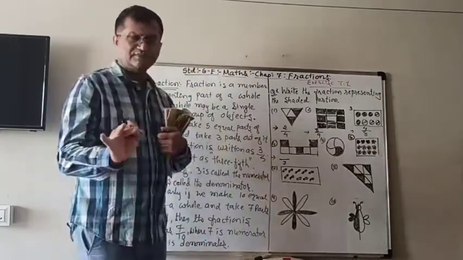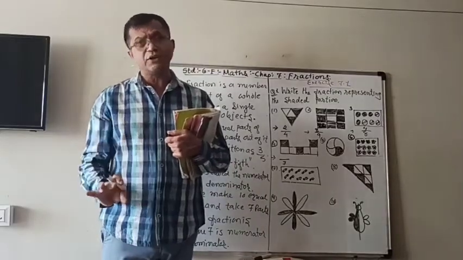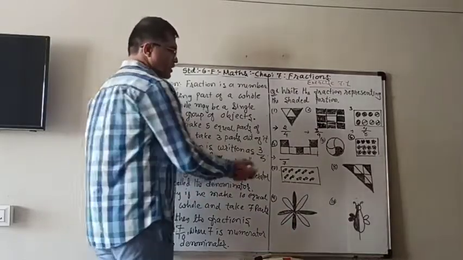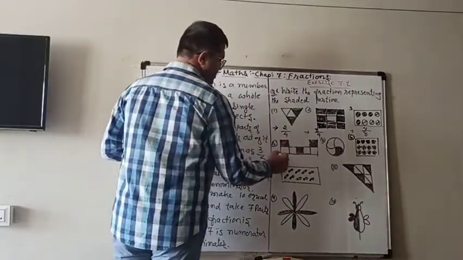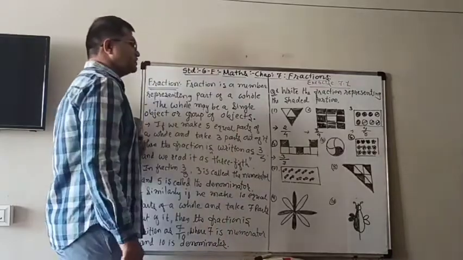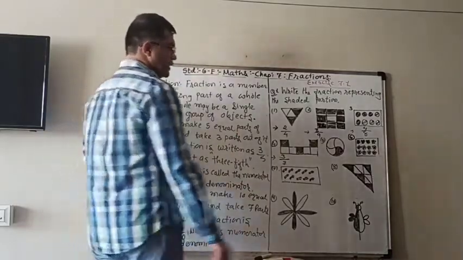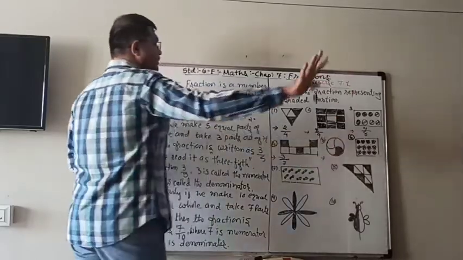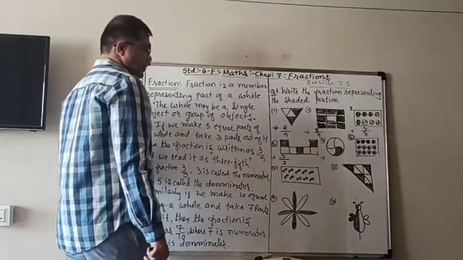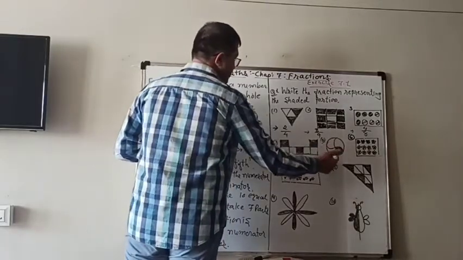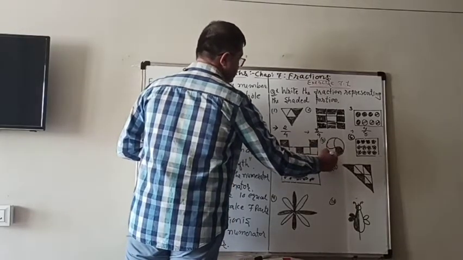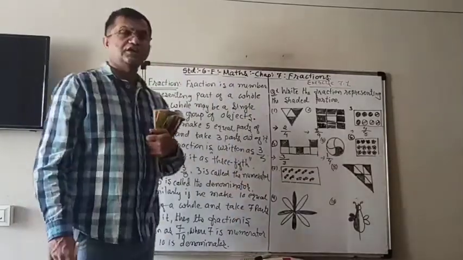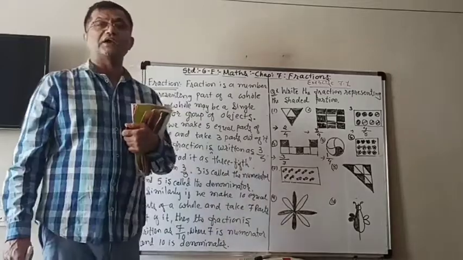It is very simple. Total parts in the denominator and whatever is shaded in the numerator. So 1, 2 and 3 are shaded. So it represents 3 upon 7. Here the circle is divided into 1, 2, 3 and 4 equal parts, and only 1 is shaded. So 4 will be in the denominator and only 1 is shaded. So the fraction is 1 upon 4.